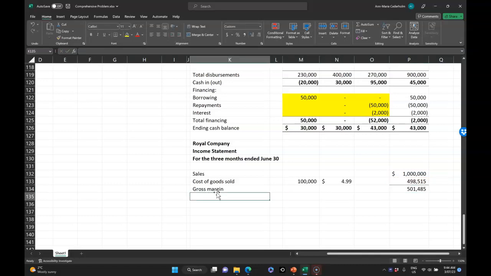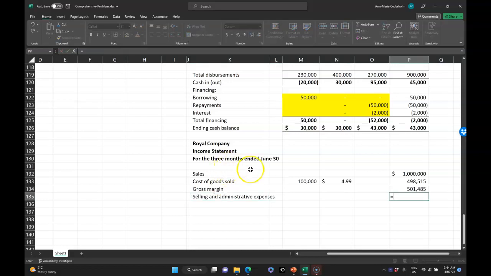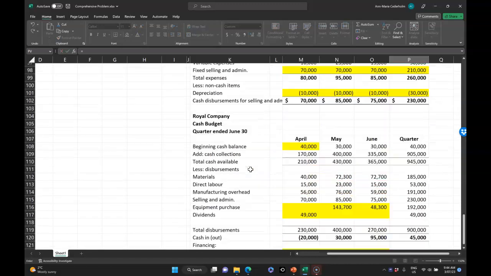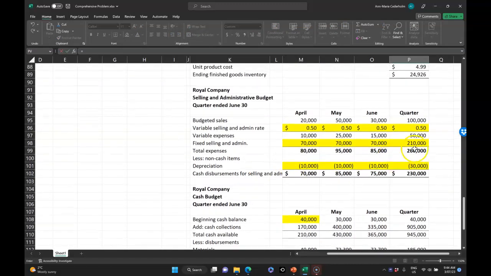And now we're going to subtract out our selling and administrative expenses. And that comes from the selling and admin budget. So I want this amount here. So it's the 260.